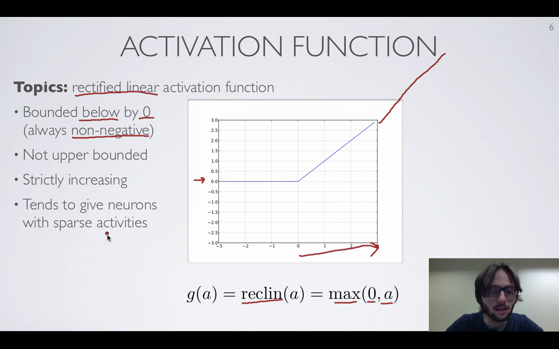In practice, we see that it tends to give neurons that have sparse activities. What we mean by that is that it tends to give neurons that are often exactly zero, which was not the case for the sigmoid or the tanh. The sigmoid or the tanh need to have pre-activations that are exactly a particular value. In the sigmoid case, to get zero, it needs to be minus infinity, so it doesn't really happen.